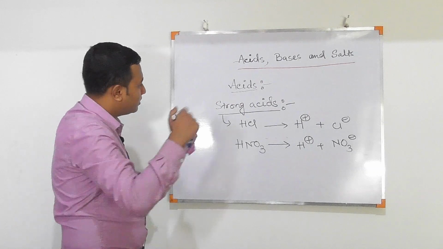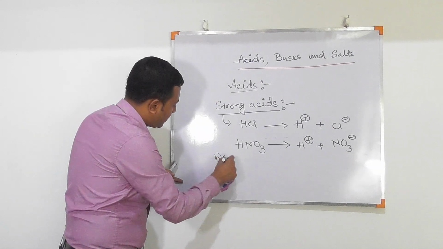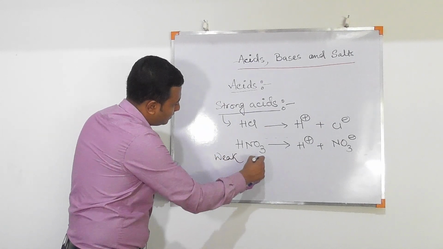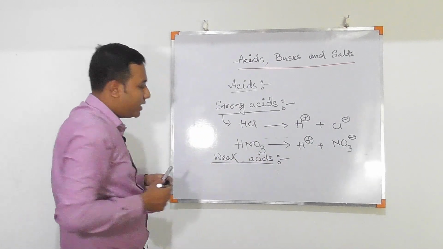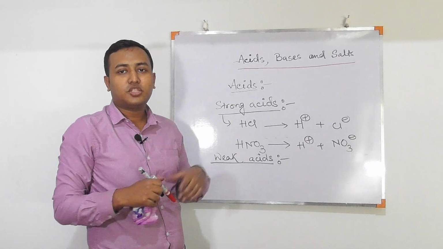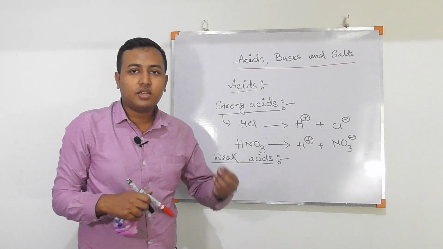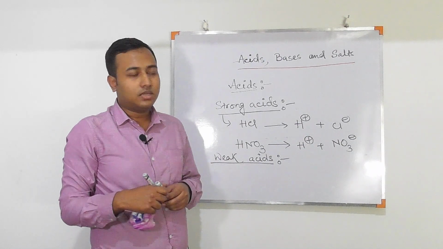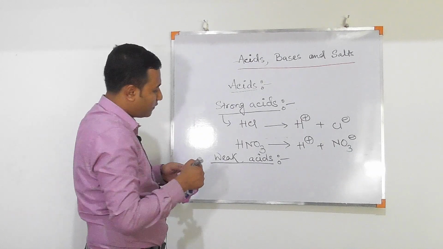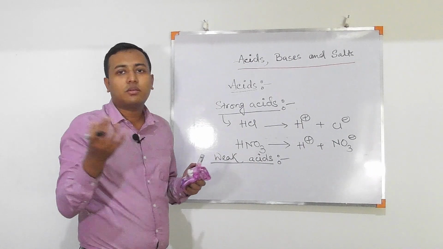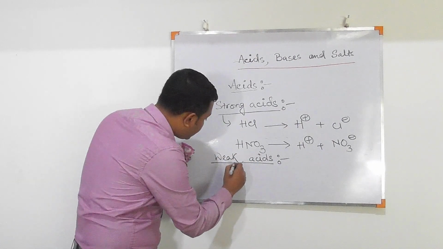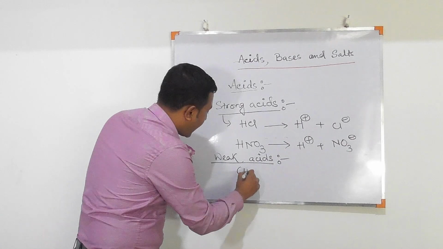Now we will see some weak acids. Weak acids are the species which can partially dissociate into ions. That means from a weak acid we can get a smaller number of H plus. Example is acetic acid.